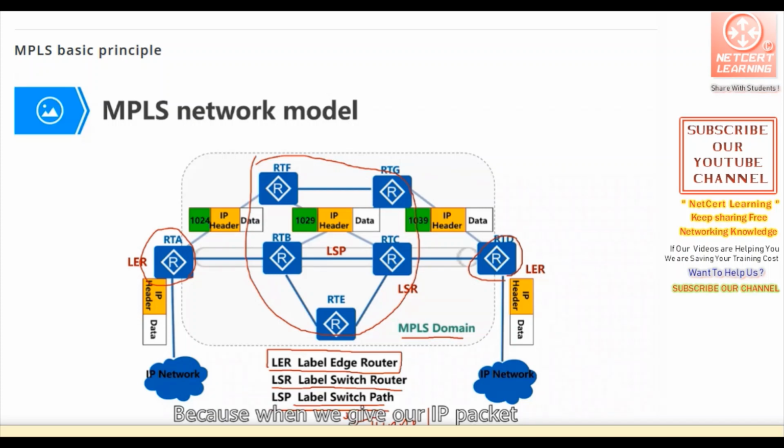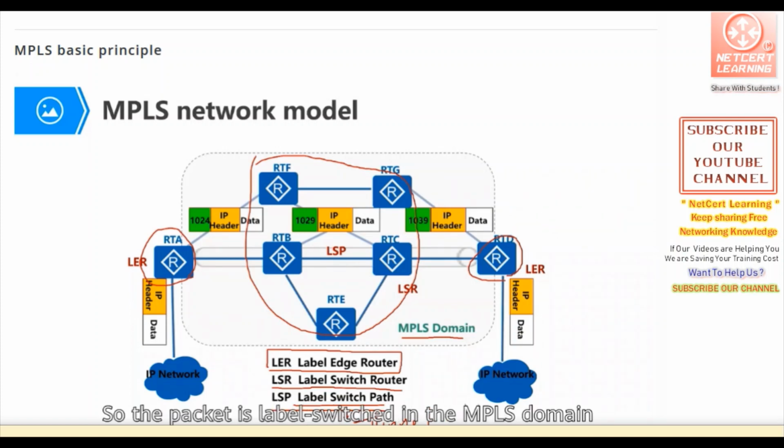Because when we give our IP packet to the MPLS domain, to the LER, the LER will push a label to this packet. And when this packet is forwarded in the MPLS domain, it will always be with the label.